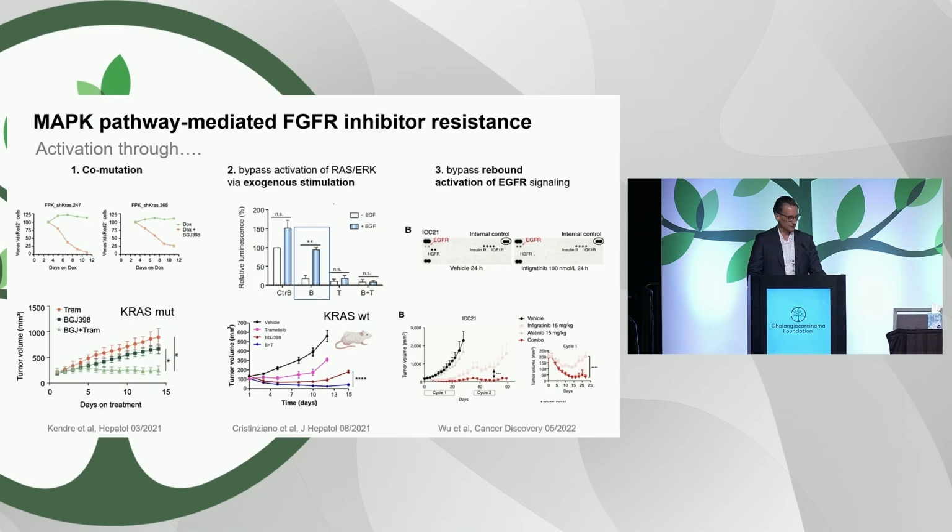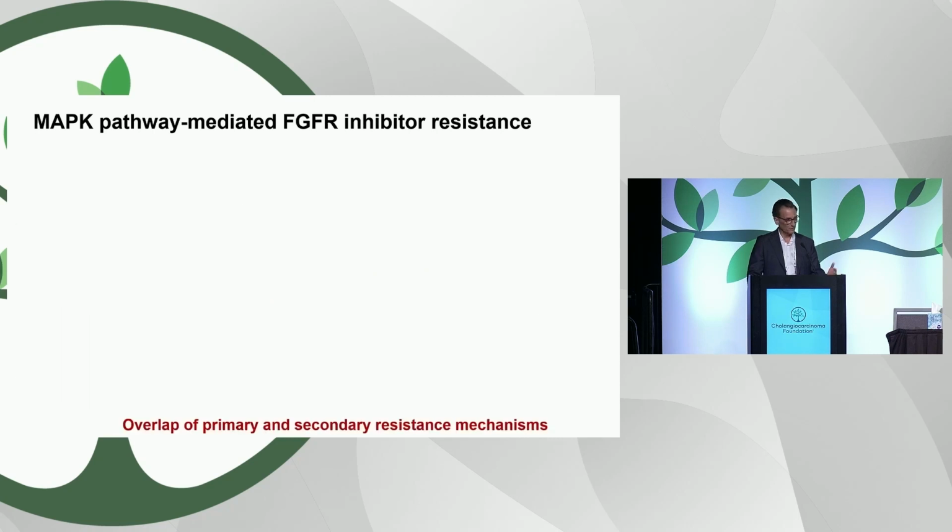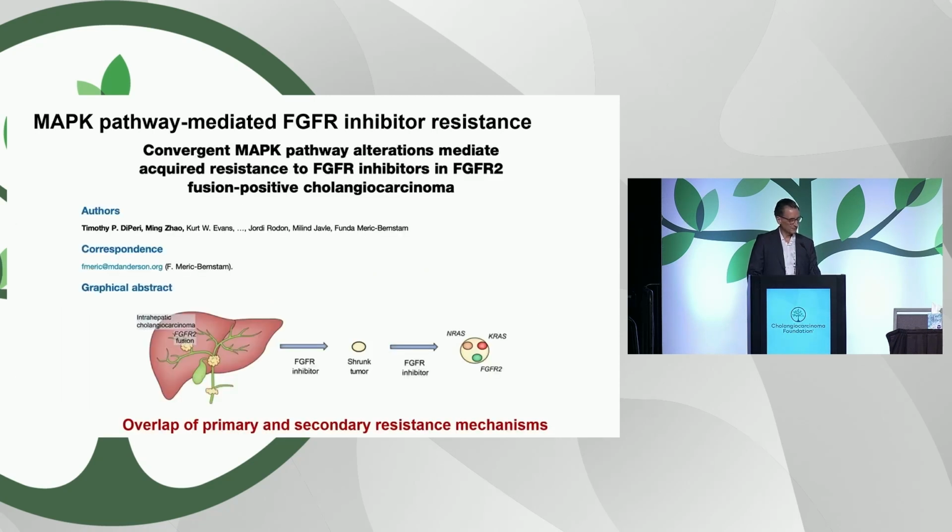And I think the paper from Nabil Bardeesy, which was later published, also provided additional evidence that activation of this EGFR pathway mediates resistance. And when we look at more recent data that have been published, we do see that these genetic alterations are also detectable in patients that are refractory to FGFR inhibitors. So there is, I think, good evidence that this pathway is important to mediate primary and secondary resistance.